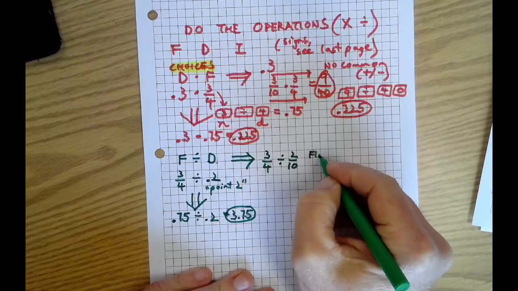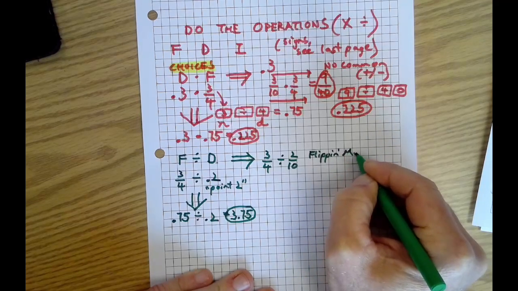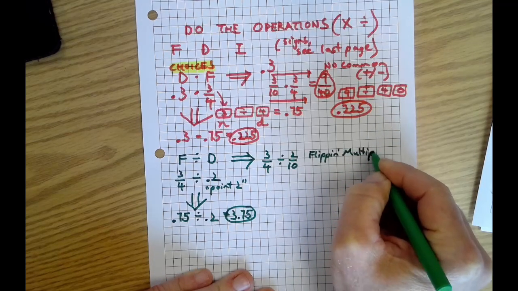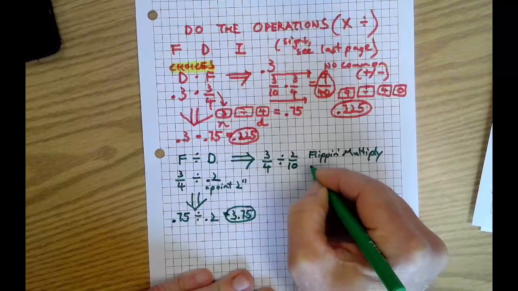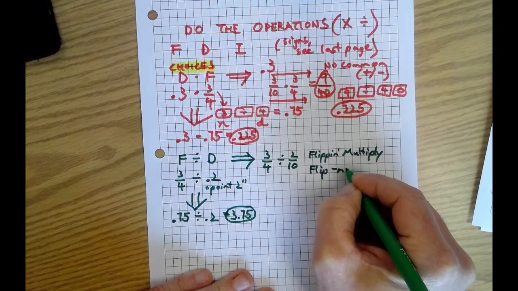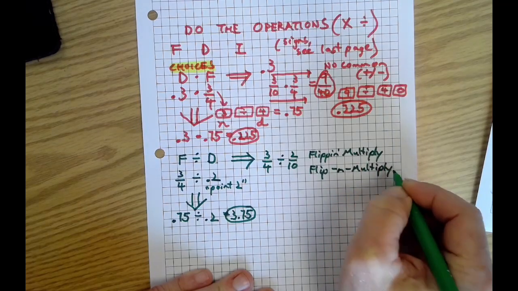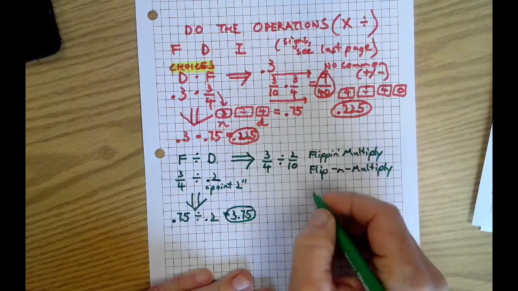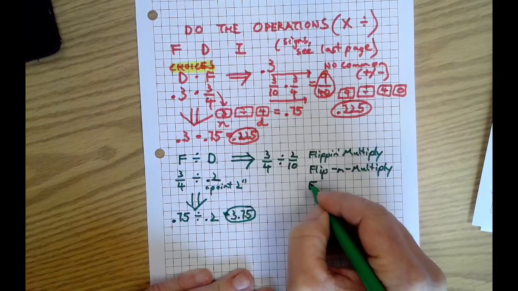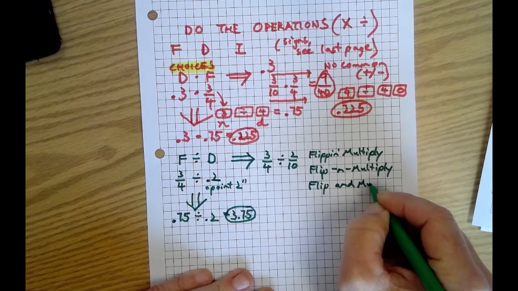Here's a strategy I call flippin' multiply. Keeping my language clean, this actually is an evolution of flip-in multiply, which if we trace it back through ancestry.com, further becomes flip and multiply.